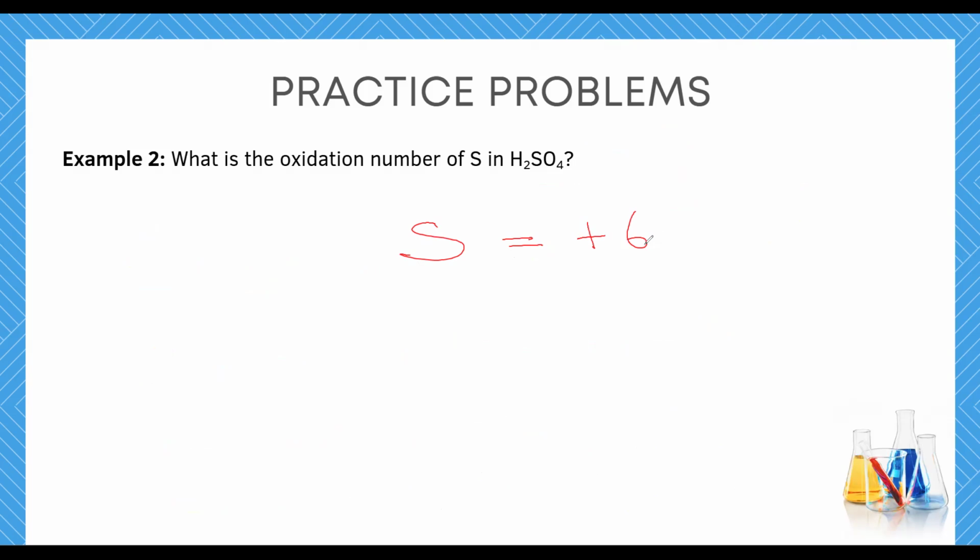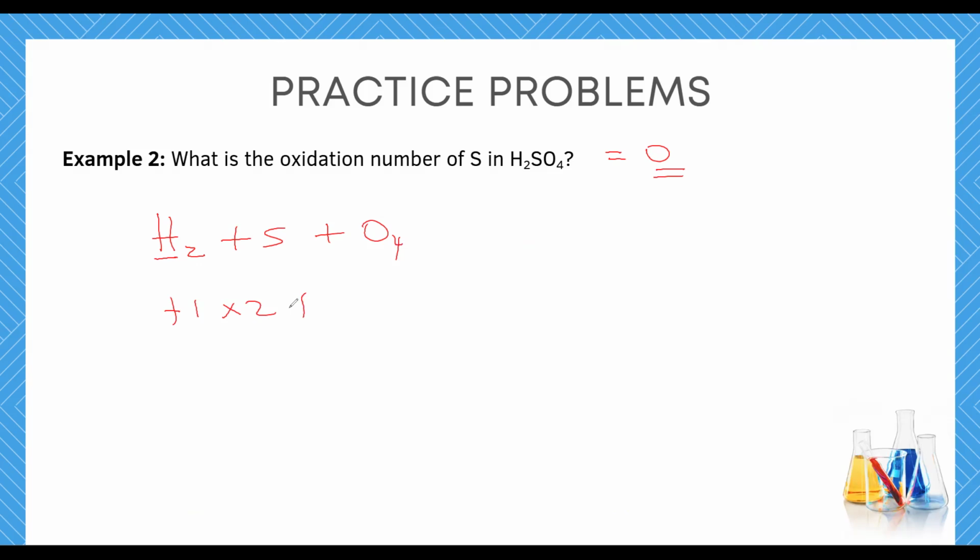Now, there is a way to check if your answer is correct or not. How do we check? Remember, we said that the sum of the oxidation numbers in a compound must be equal to 0. So if we add everything together, we will get 0. Let's do that. We have hydrogen, which is H2 plus S plus O4. If we add everything and we don't get the overall charge, which is 0, it means we are wrong. So hydrogen is +1. We have +1 times 2.